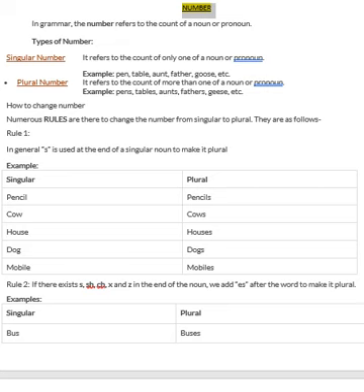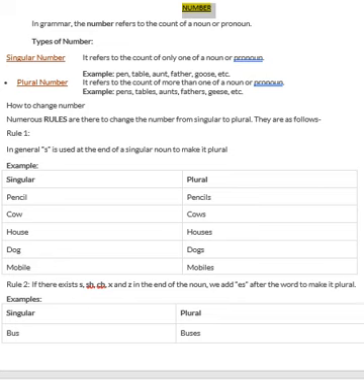Here also, in English grammar, number is related to counting. There are so many numbers in mathematics, but in English there are only 2 numbers. You will have to remember that. In English grammar there are only 2 numbers.